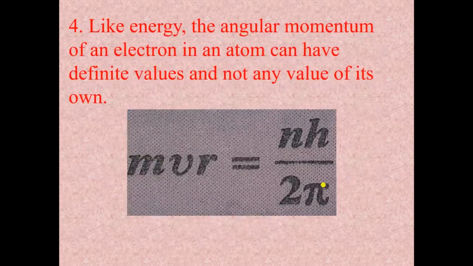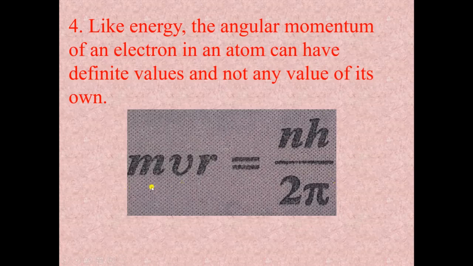In the same way, the angular momentum of the electron is also quantized. That means the angular momentum of an electron is fixed. So only those electrons are allowed to revolve in an orbit whose angular momentum is equal to an integral multiple of h upon 2 pi.